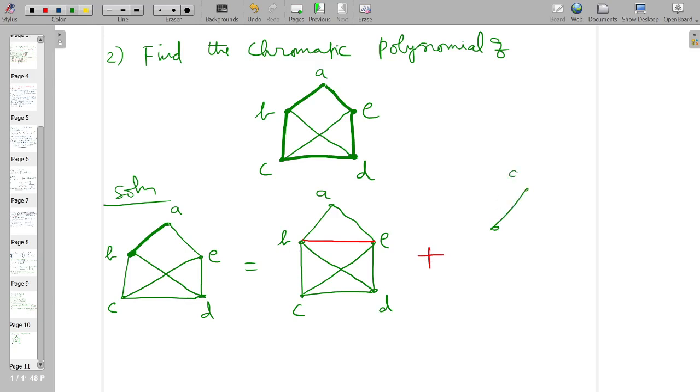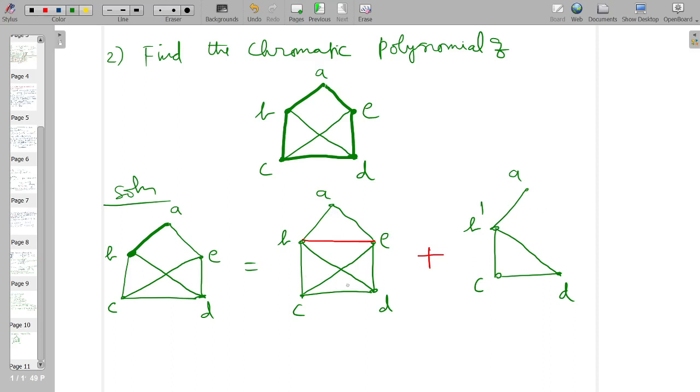So I'll have A, I'll have B comma E, which I call B dash, then I have C, then I have D, and B dash will be adjacent to D. So this will be your graph obtained by fusing the vertices B and E in G. And now I don't know the chromatic polynomial of these two graphs.